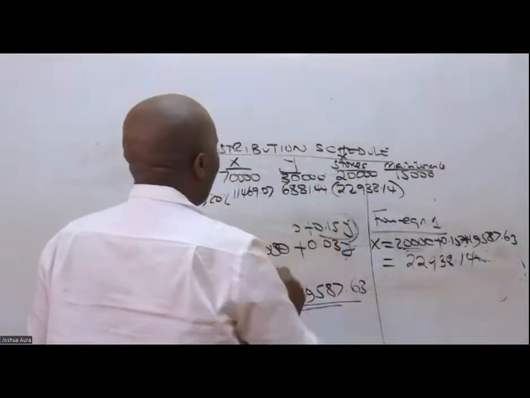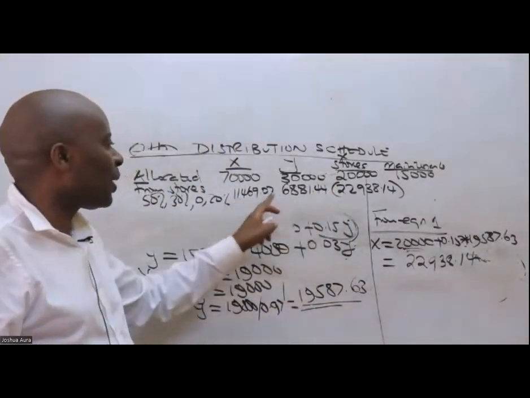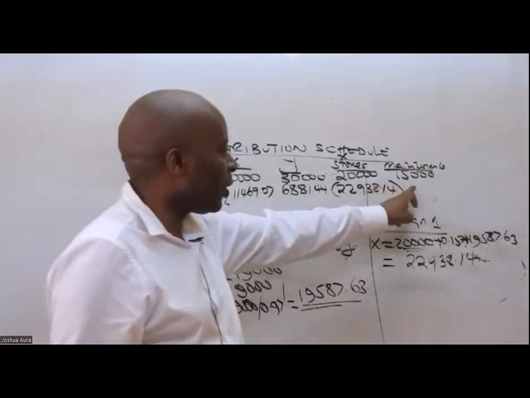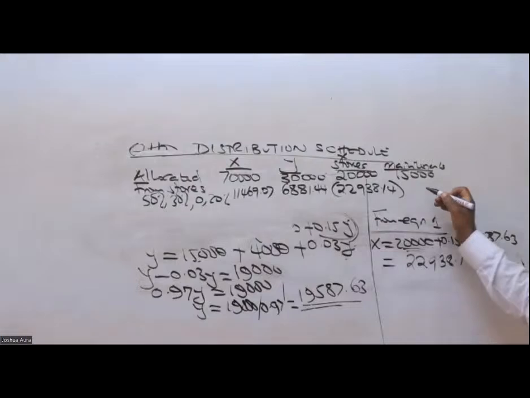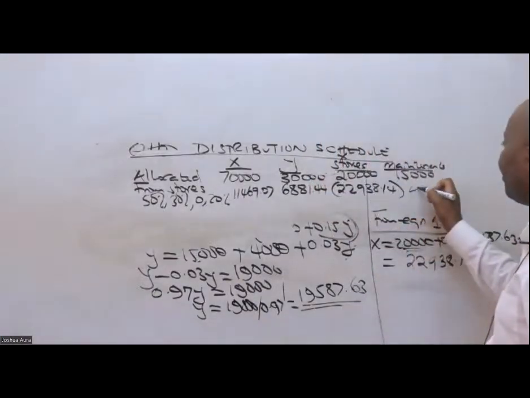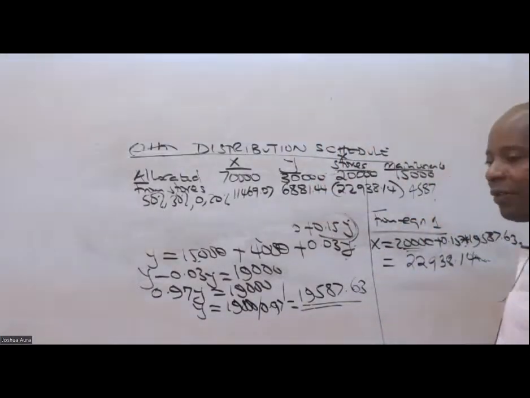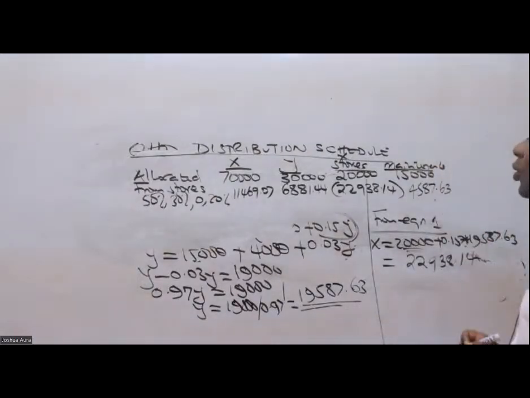And then the last one is 20% of this. Please give me a figure to write. We have 4,587.63, to be consistent with decimal places.